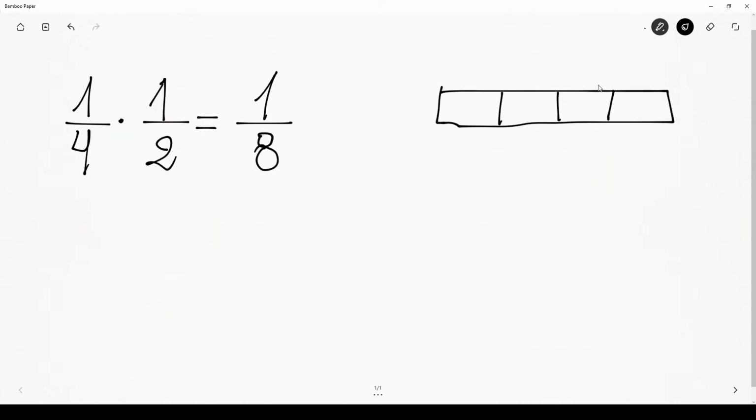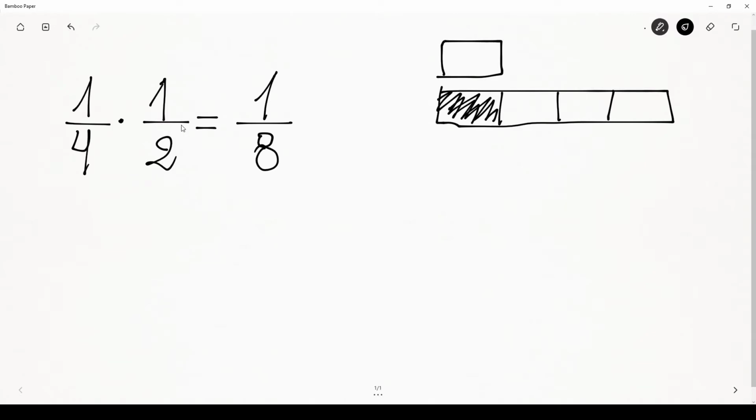Now we have this piece divided in 4 little pieces. 1/4 is what? 1/4 is 1 piece out of 4 little pieces. Okay? When we multiply this by half, what we do is we take this piece, which is 1/4 of the whole piece, and we divide it again.